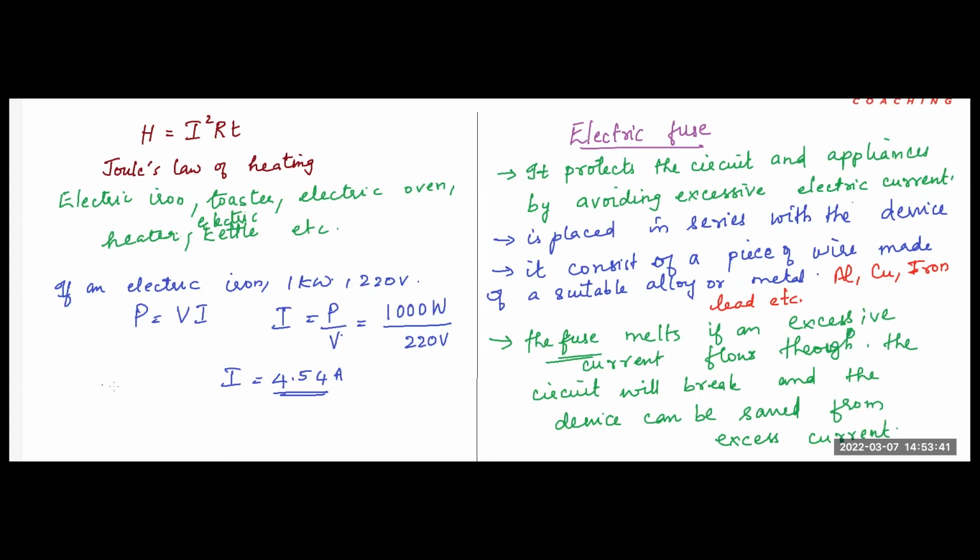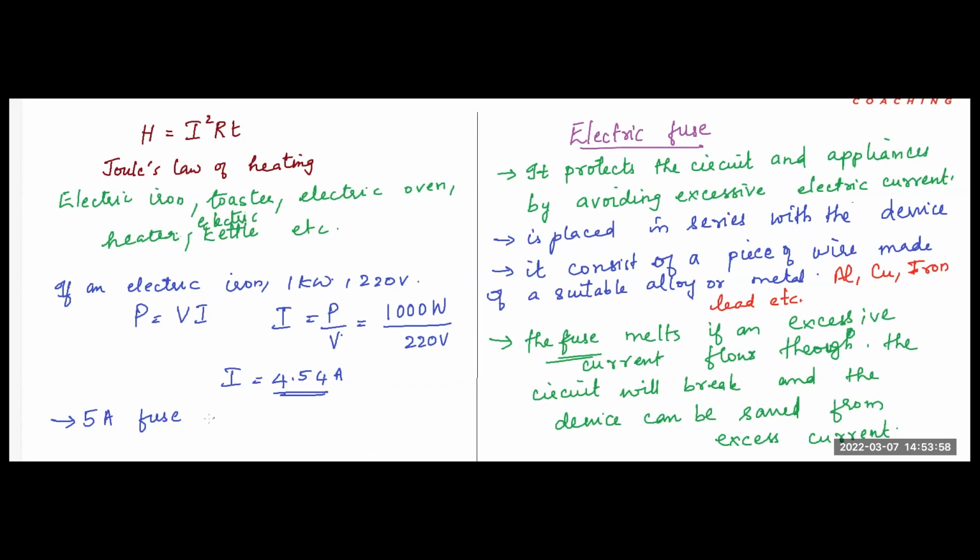So in this case, we can use a fuse of 5 ampere, so that it will allow the current that is required, but it will not allow more than that.